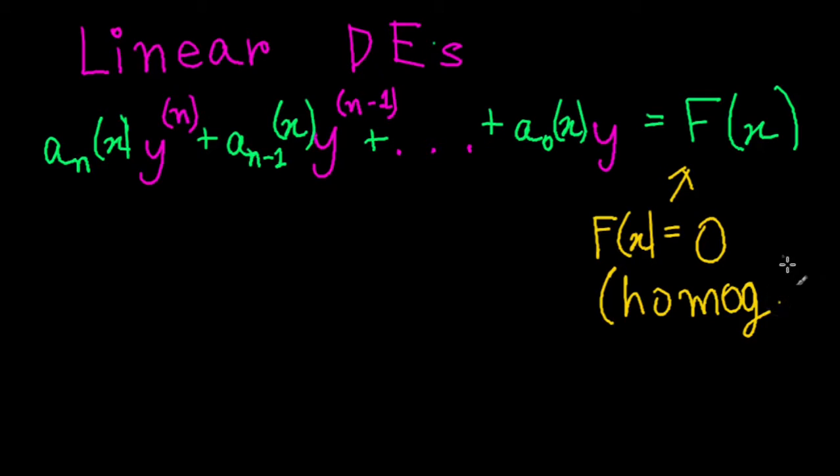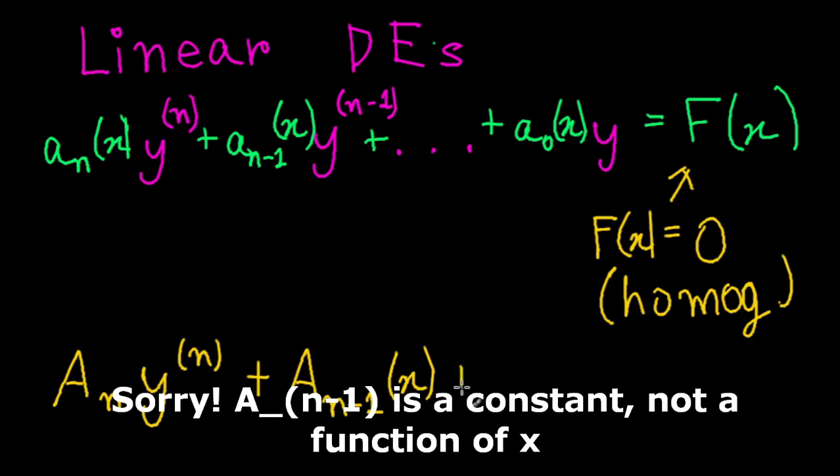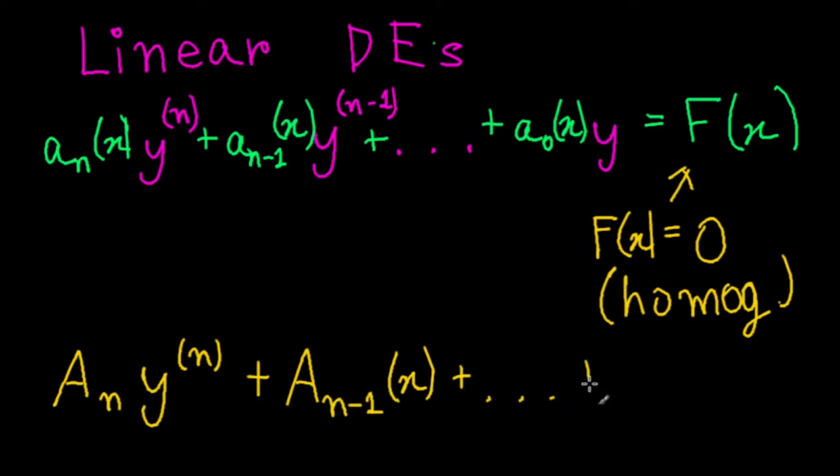Also, we were only dealing with the version where all of these coefficients were constants. So something like this. Let's actually use capital letters. They're just some constants. So something like this: a sub n minus 1, and all the way up to a sub 0.